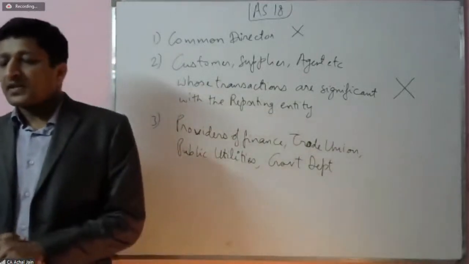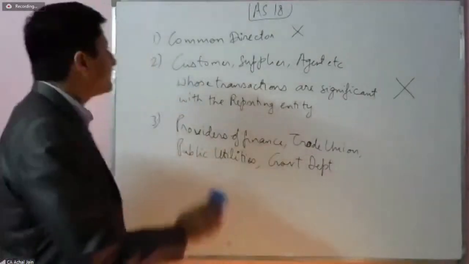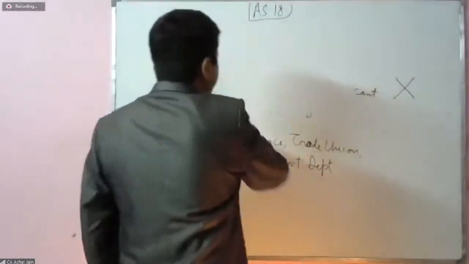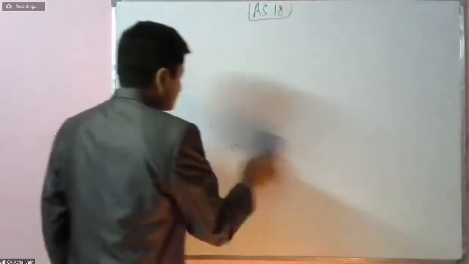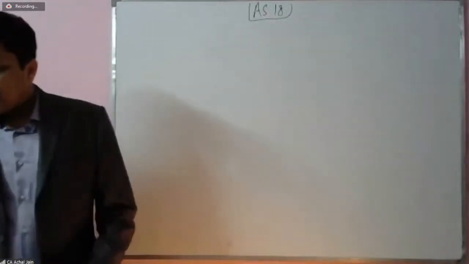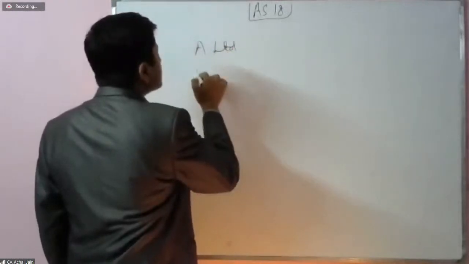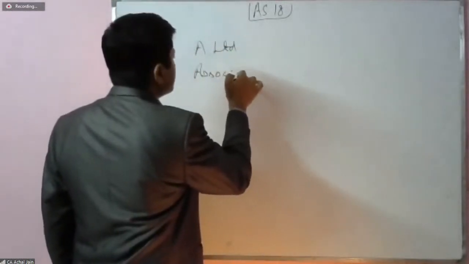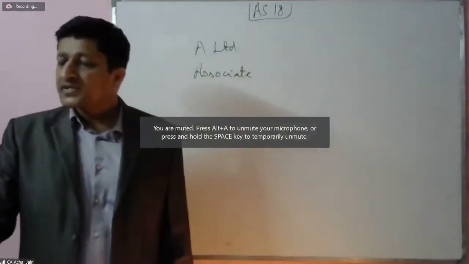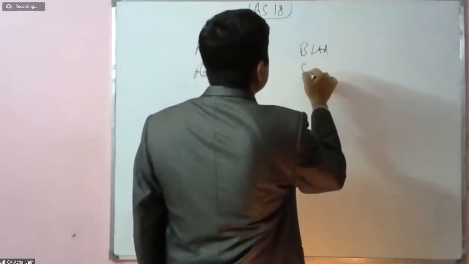Okay, Nikita is asking, sir, if A Limited is an associate company, so let me put down the situation. A Limited is an associate, and B Limited is a subsidiary.